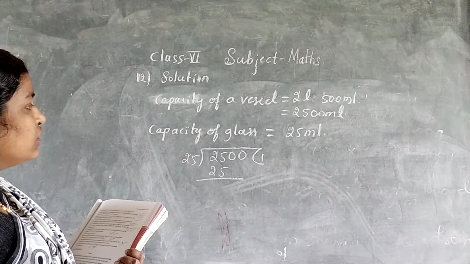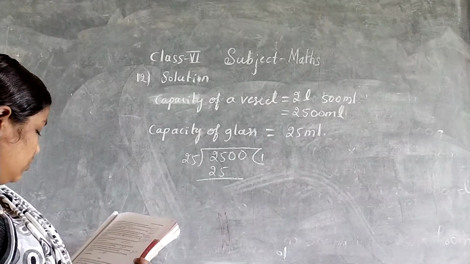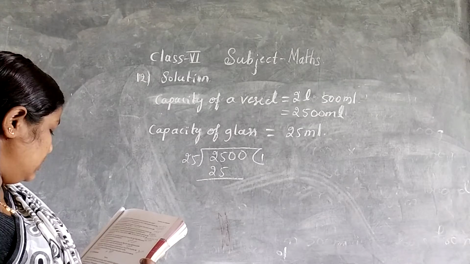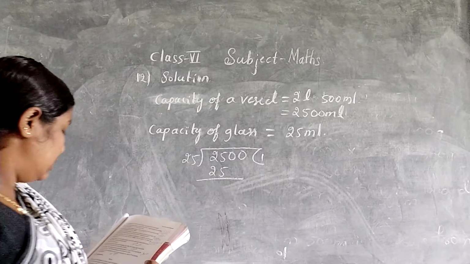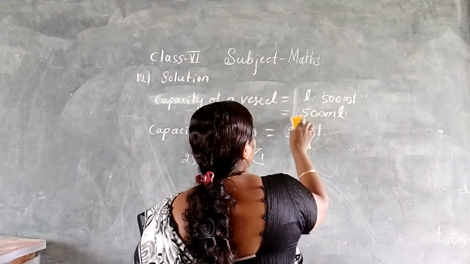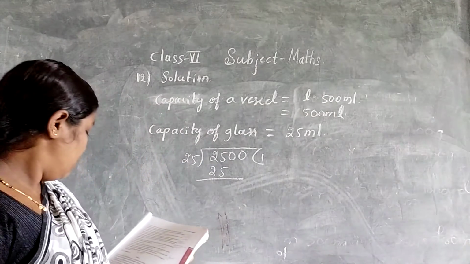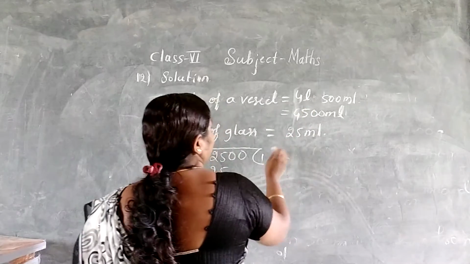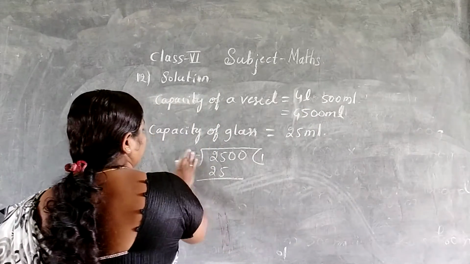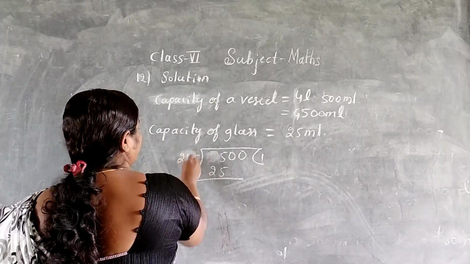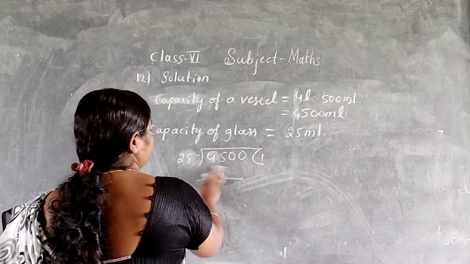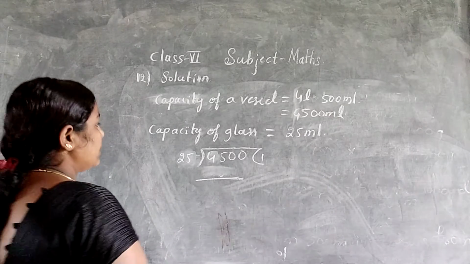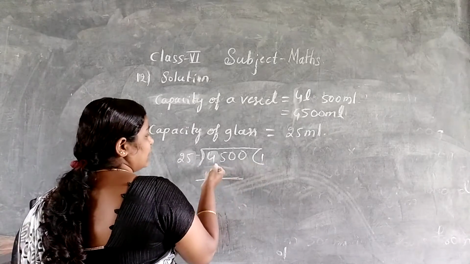2500 ml divided by 25. 25 ones are 25, 25 twos are 50.